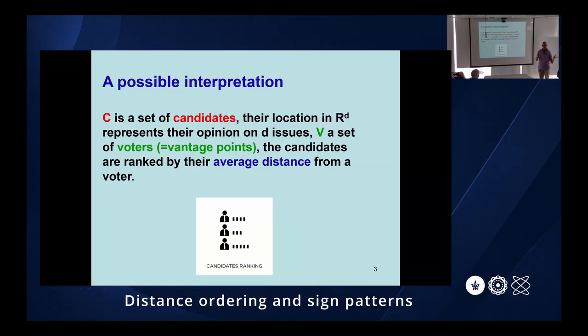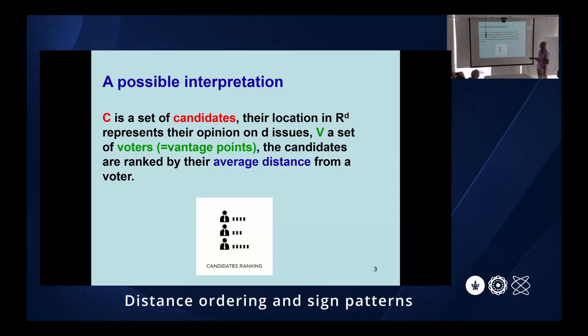Maybe the x coordinate is foreign policy, whether you are left wing or right wing. The second is your opinion about who should serve in the army and who should get child support, and things like that. Therefore, each candidate is a point in R^d.